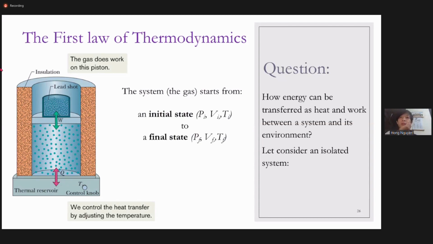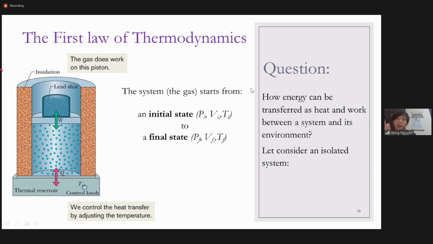Now, what we do is that we change the state of the system from an initial state to a final state. So we know that a state is defined, right? Like I said, a state is defined by a set of properties.